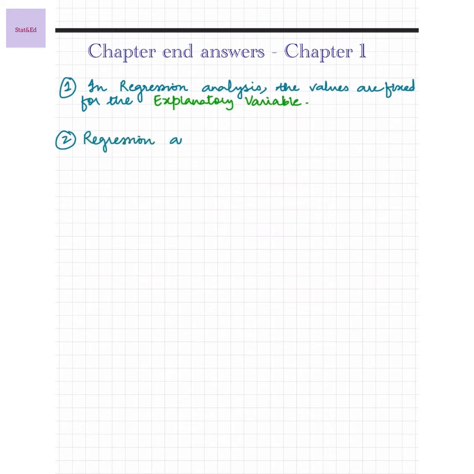Second question, in regression analysis, we study the dependence of the dependent variable, that is y, on one or more explanatory variables or regressors.